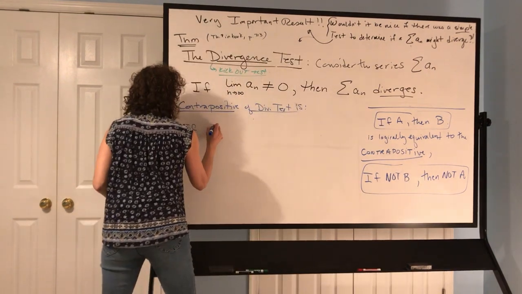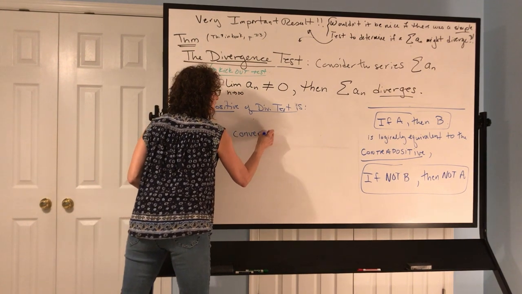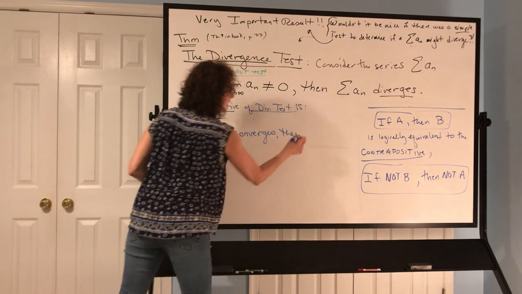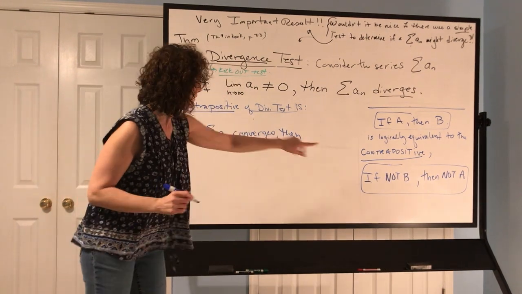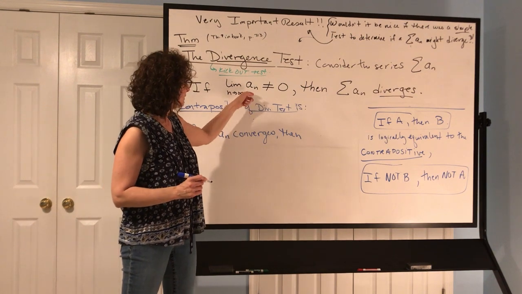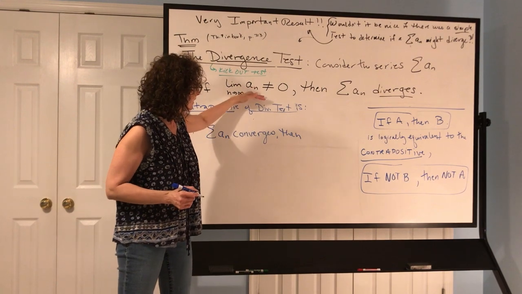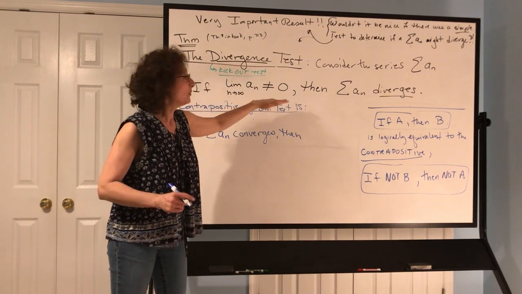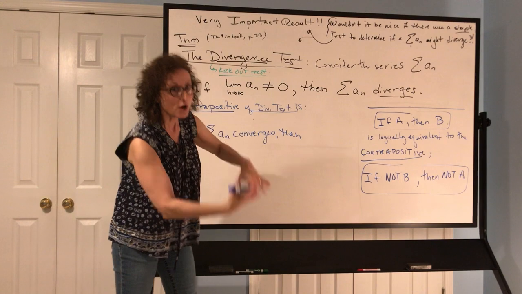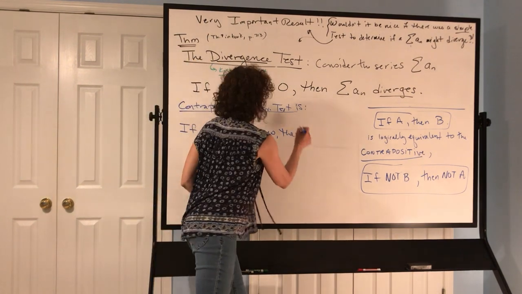So if the series converges, then, writing the contrapositive, we do not A, right? How do we negate this statement? What has to be true about the limit as n goes to infinity of a sub n? If that limit is not 0, and we want it to not be not 0, not 0 is 0. Good.